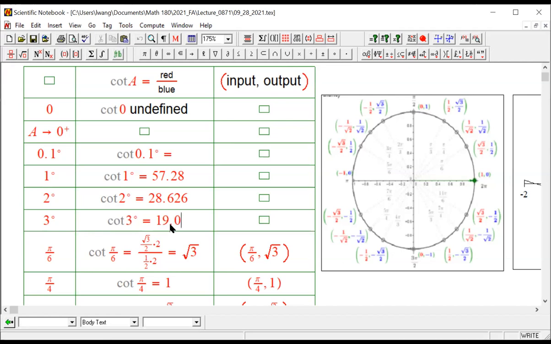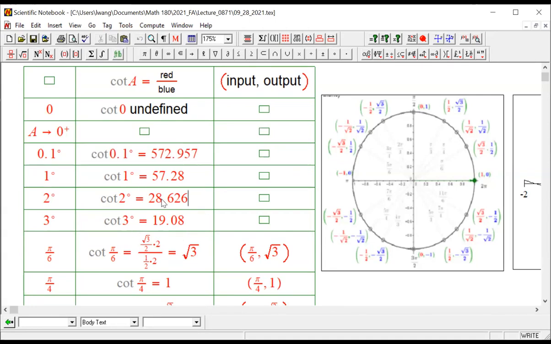Thank you. Cotangent 0.1 is 572.957. Thank you.